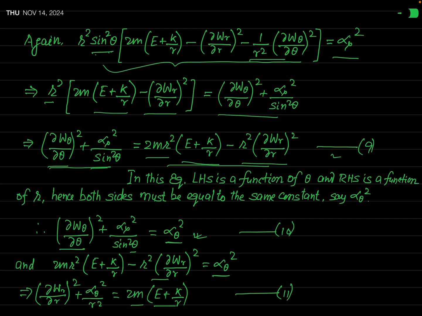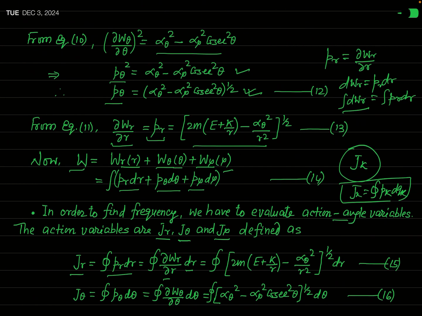You can find the value of ∂Wr/∂r using equation 11. You can see I have obtained this value here in equation 13. So using this equation 13, Jr will be the integral for a complete cycle of [2m(E + k/r) − αθ²/r²]^(1/2) dr.